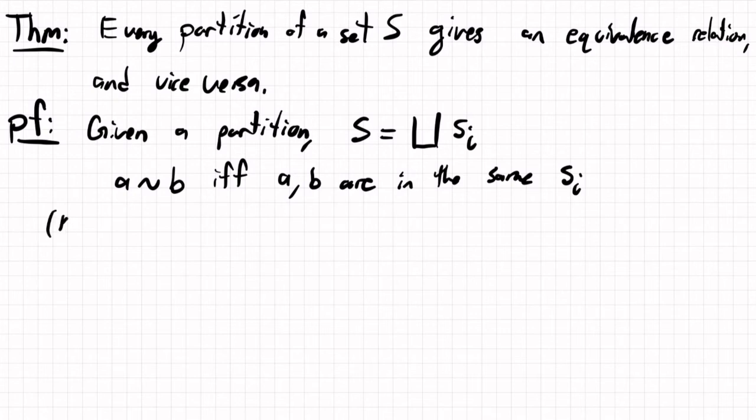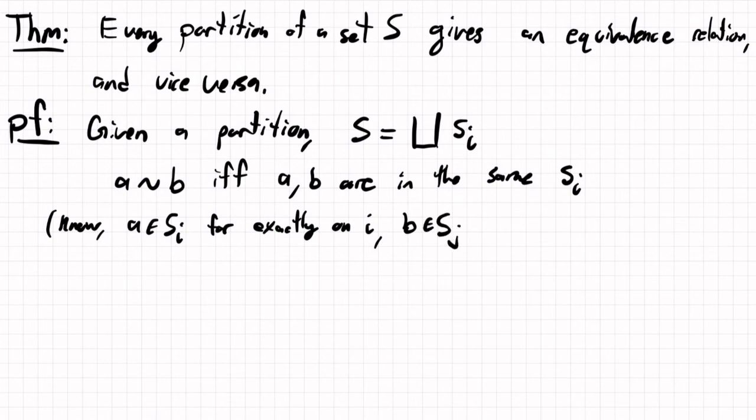What we know is that A is in S_i for exactly one i, and B is in another one, S_j, which might be different. And then we say A is equivalent to B if i equals j. So that's how that one works.